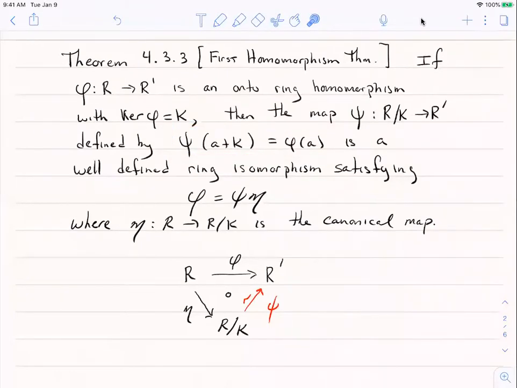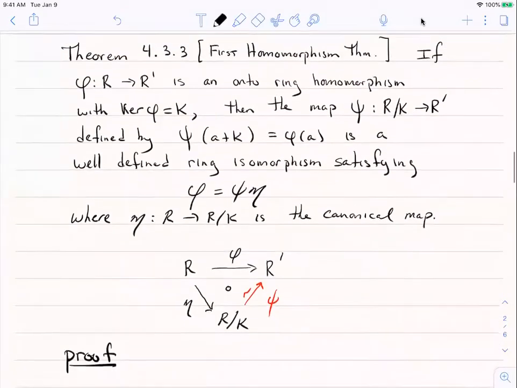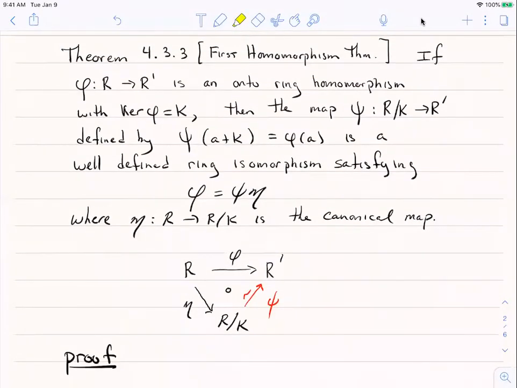Okay, so we don't have to do a lot of heavy lifting to prove this. Everything is done in group theory. Group theory tells us, for example, that this function, psi, is well-defined. We don't have to prove that it's well-defined again. We know that it's 1 to 1 and onto, and that it's an additive map.